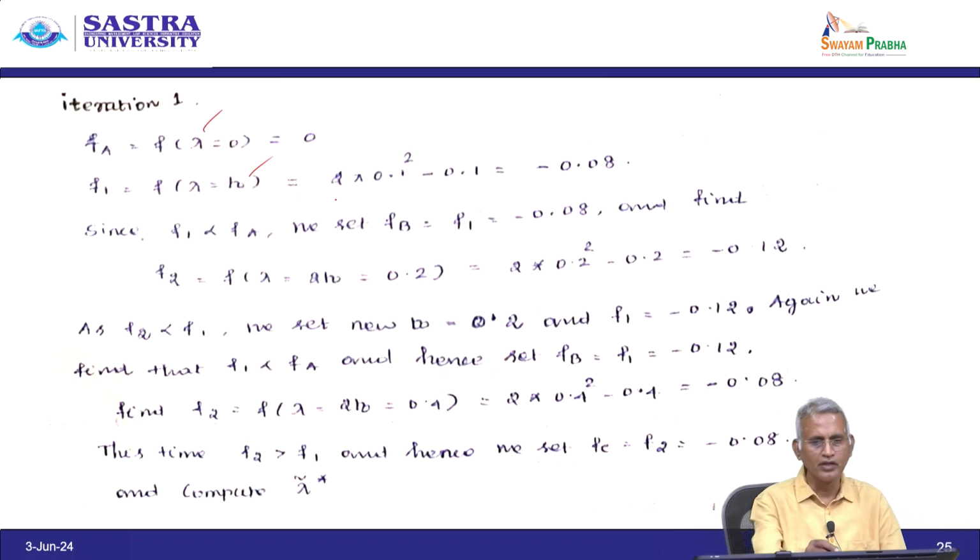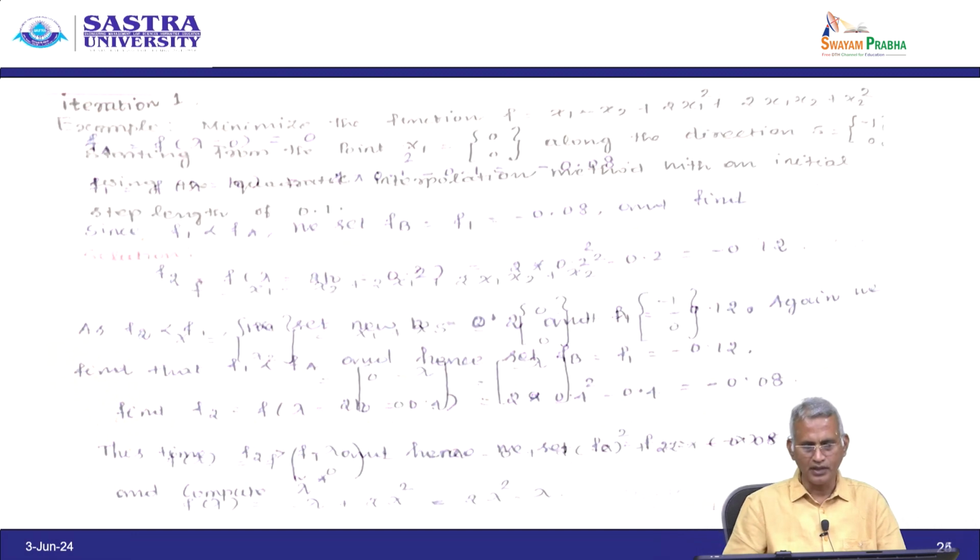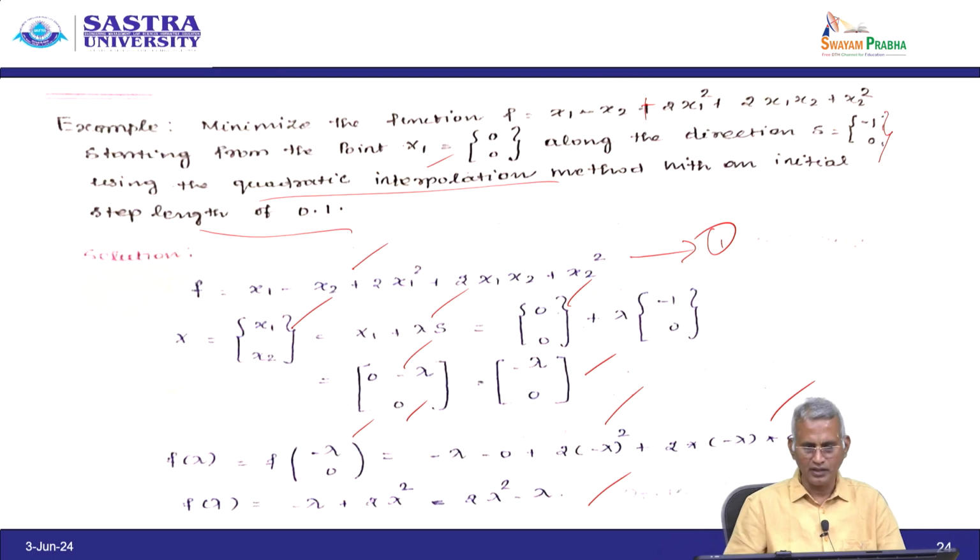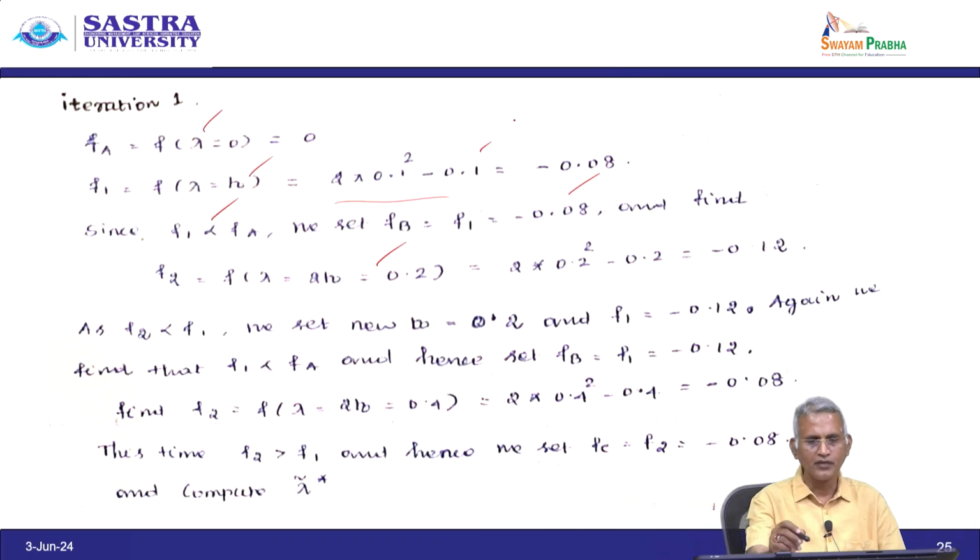So, that 2 into minus 1 the whole square plus minus 0.1 equal to minus 0.08. Now, compare f1 and fa, f1 is less than fa, set fb equal to f1 equal to minus 0.08, and find f2, f2 equal to f of lambda equal to 2 t naught equal to 0.2. So, 2 into this function will come because of the equations, right. This is the 2 lambda square minus lambda. So, that this value will come and this value also generated.